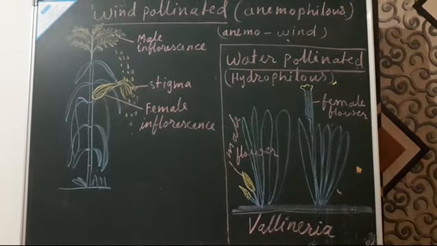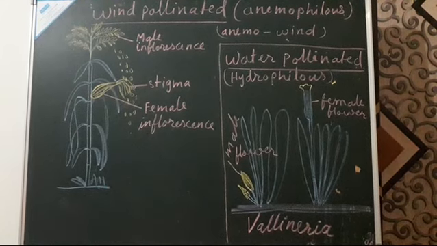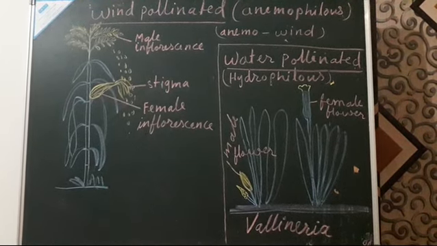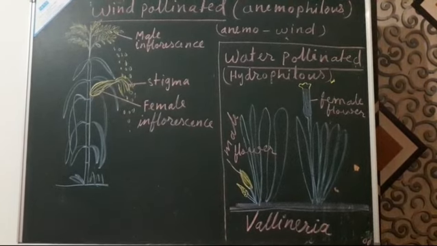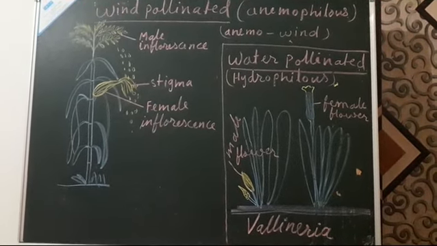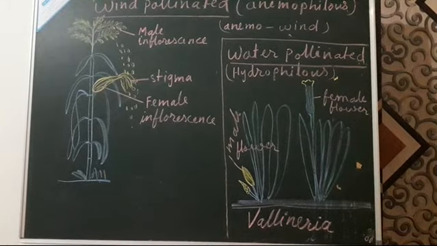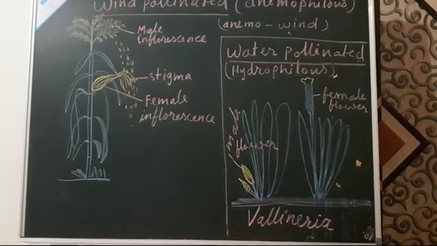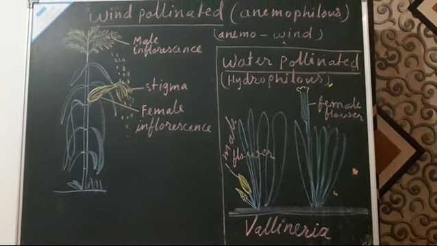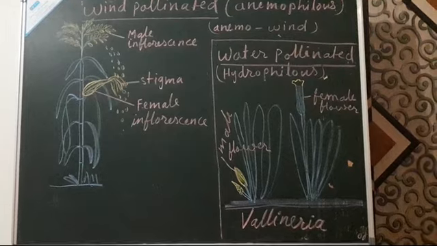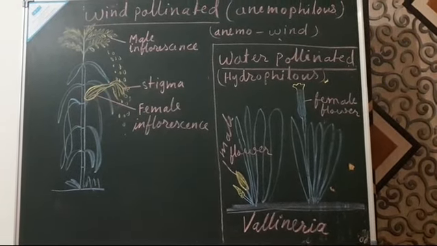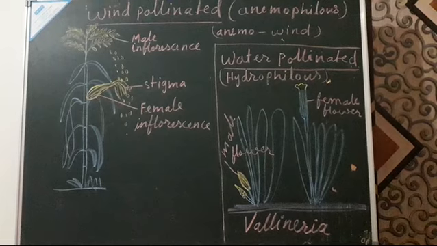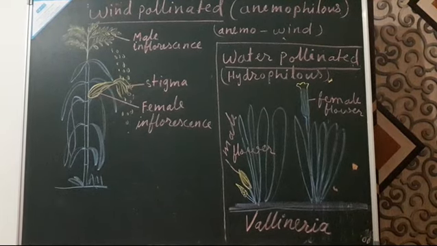So some characters of wind pollinated flowers are: the flowers are small, they are usually not brightly colored and often dull green. They do not produce scent or nectar. The stamens are long and hang out of the flower to be exposed to wind, as you see here. The anthers are large and loosely attached to the filament so that the slightest wind may move them.